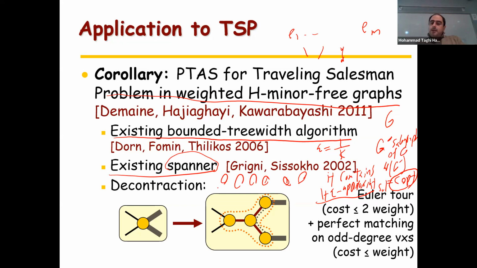So we will partition these vertices into KC components. For now, C is equal to 1, then we will talk about it. So you will partition it into K sets. Now, you know that one of these sets has at most 1 over K of opt.